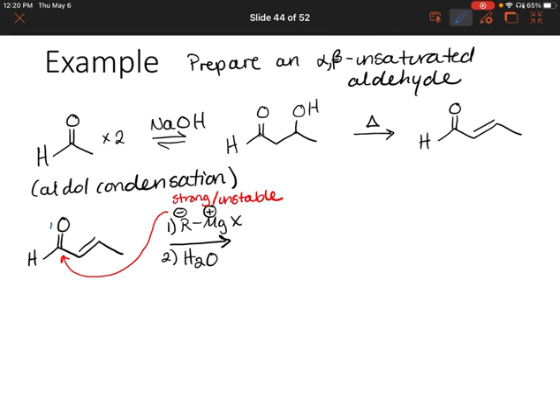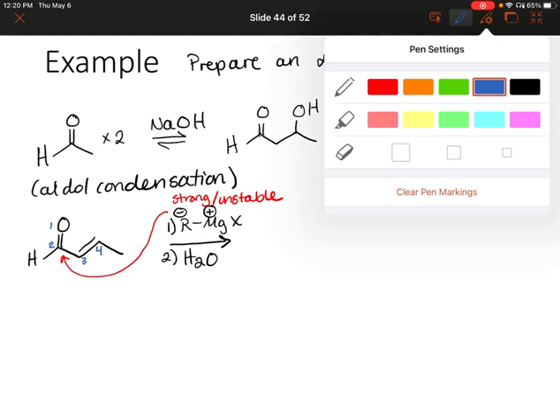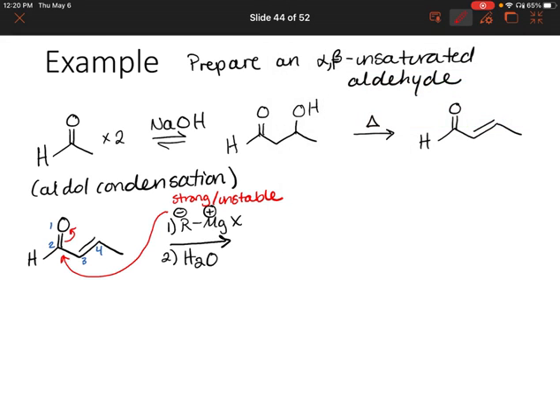So if we label our atoms here again, and then that will move electrons up to oxygen. Notice that that R group attacked the carbonyl carbon, which is actually more stable than carbon 4.